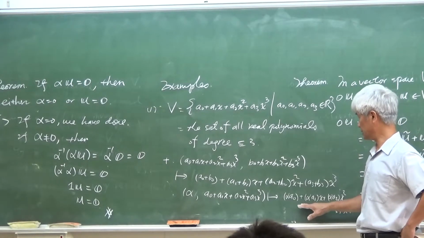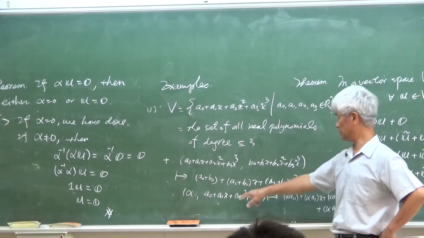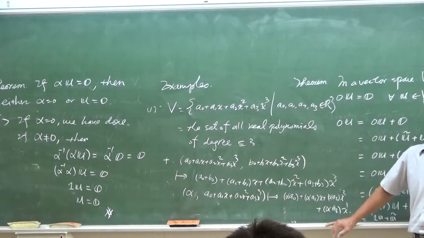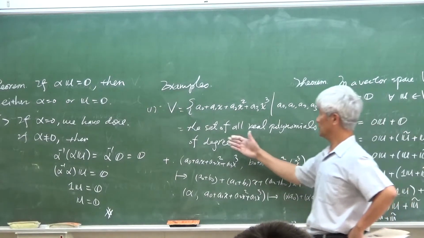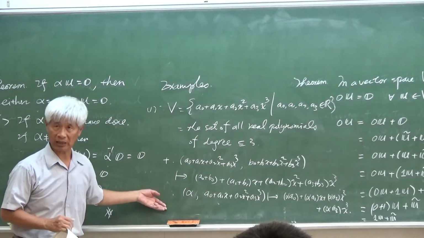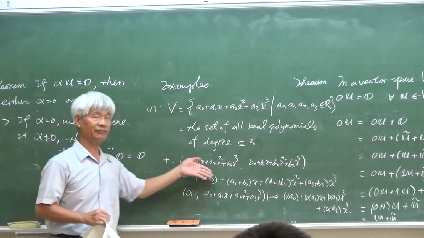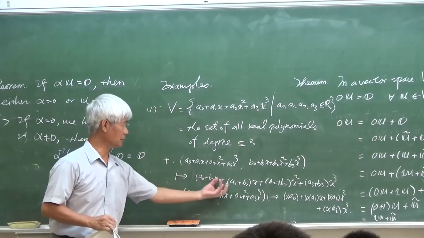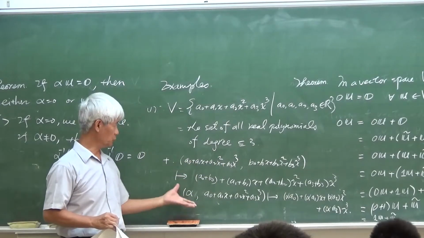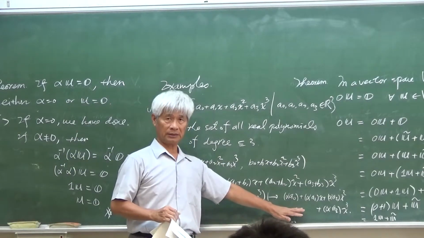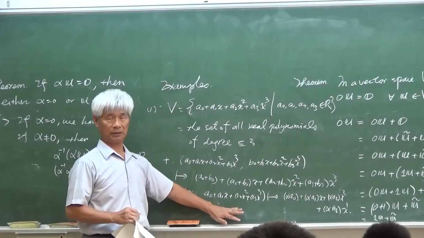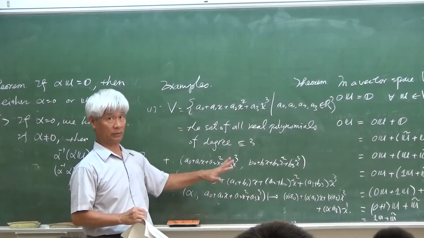The only thing you change is the coefficient. Every coefficient of the original polynomial is multiplied by alpha. So these two mappings, these two functions, are well defined, because I give you the rule for the sum of two vectors and the rule for the scalar multiplication of a scalar alpha and a vector.